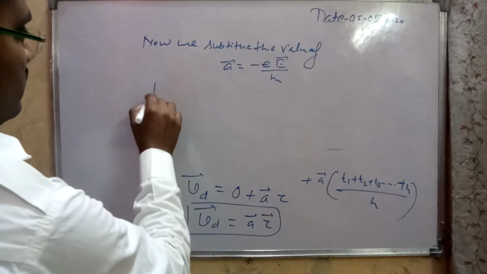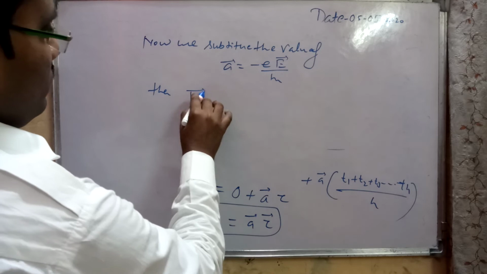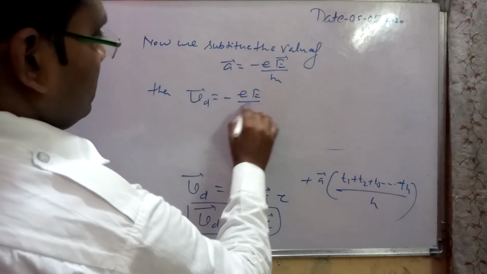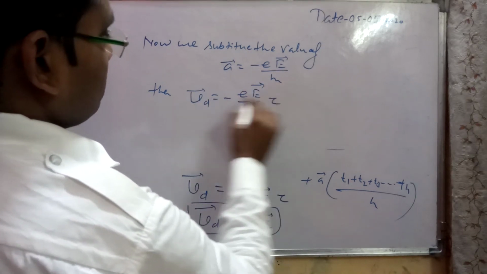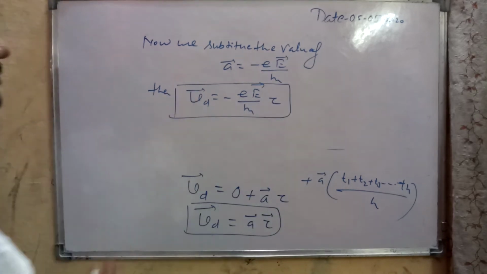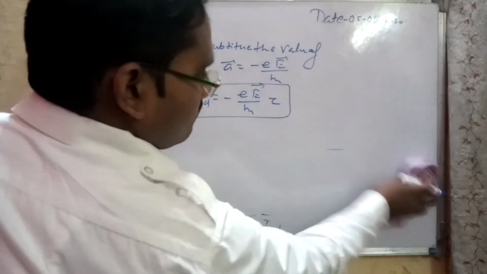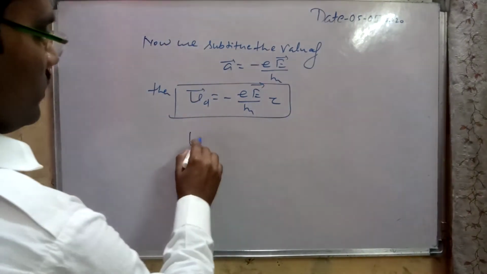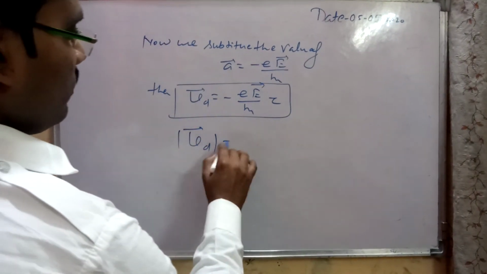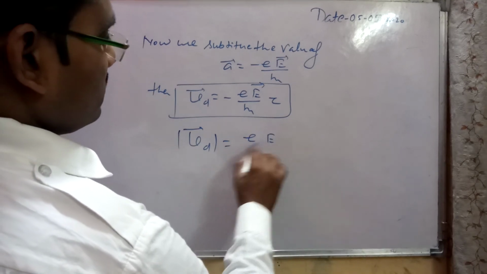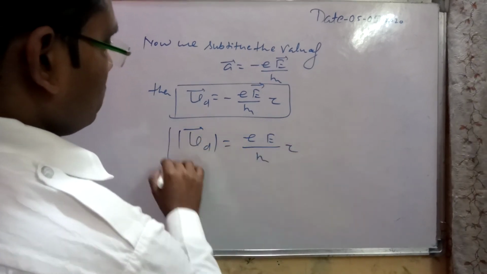Then Vd is equal to minus eE by m tau. This is the vector form. Now we take the modulus value. This is the mod value, that means this is eE by m tau.